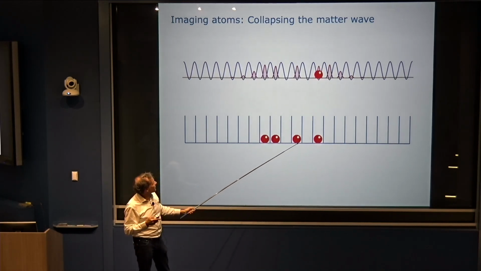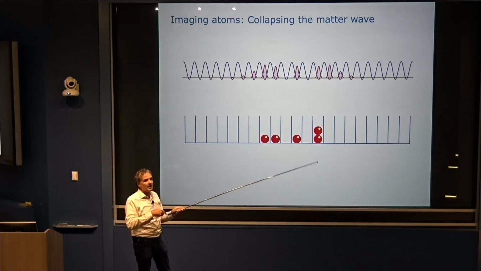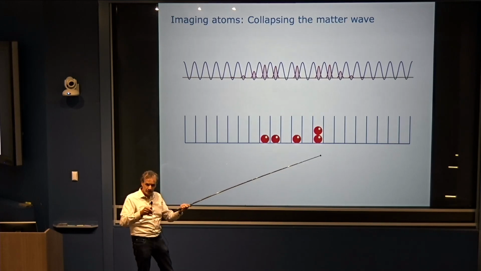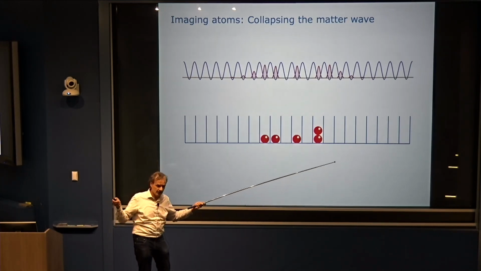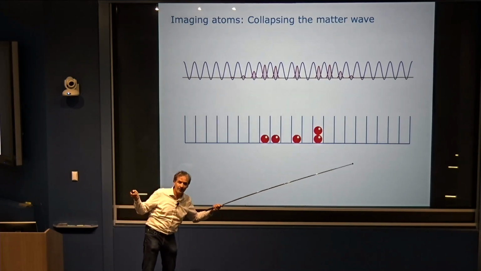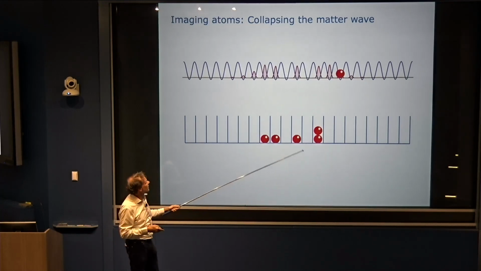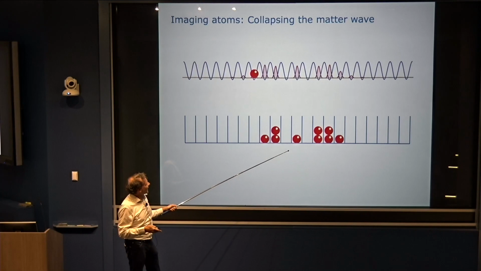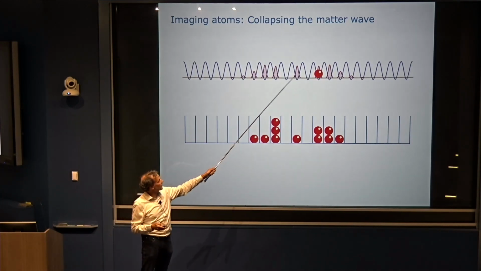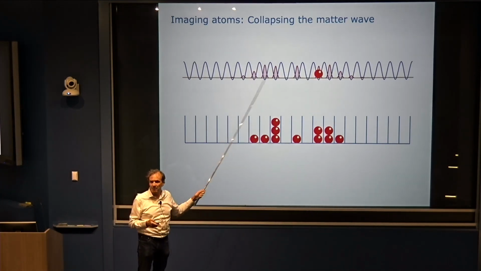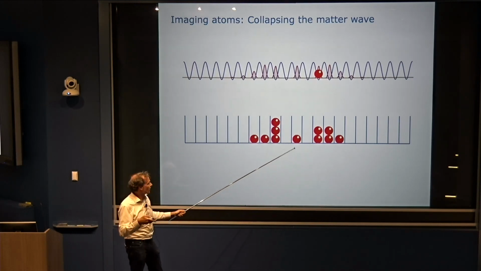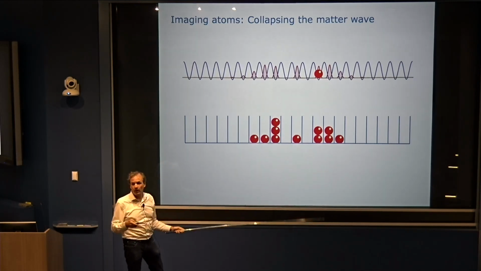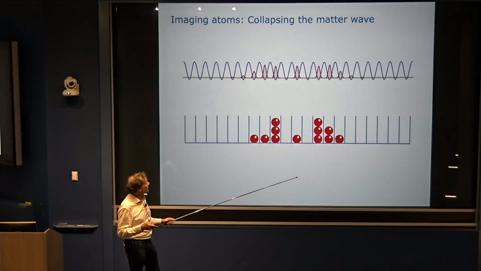If I repeat the experiment over and over again, I prepare the system, I let the atoms tunnel unobserved, and then I take one snapshot and I record where the atoms end up, then I get a pattern that reflects the shape of this wave function. So I can measure that by just repeating the experiment over and over, sampling, and looking where I find the atoms. This way I can map out the single particle wave function.